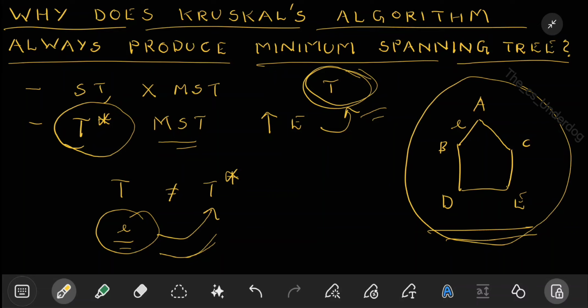If this is possible, then there must exist another edge called F, which is part of T star but is not part of T. Why is this right?